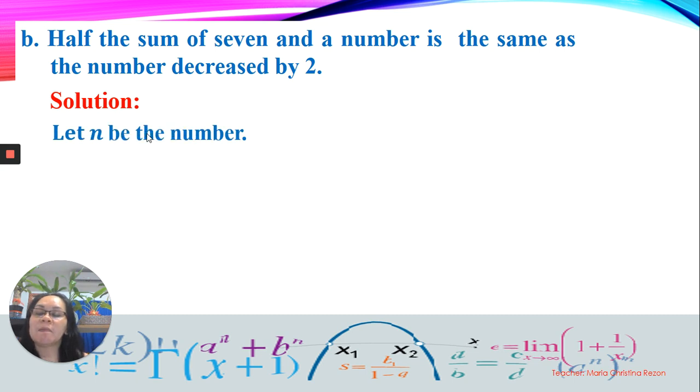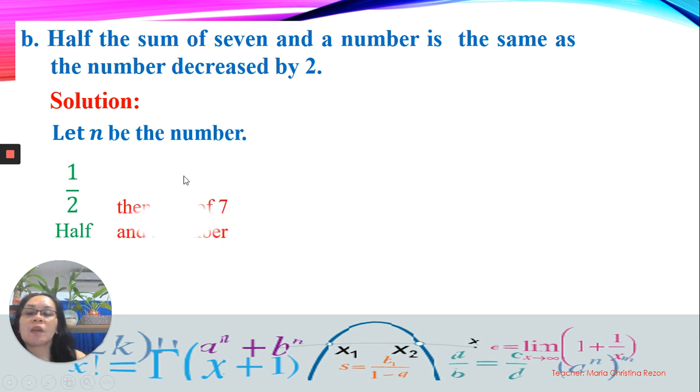Let n be the number so that you write half. Half is just 1 over 2, the sum of 7 and a number.